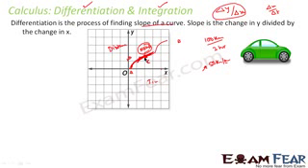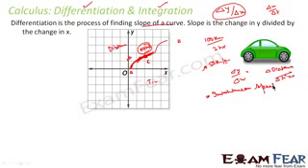Differentiation will give you change in y by change in x, correct? Here y is distance, that is delta distance, and x is time, delta time, and this is nothing but instantaneous speed. Please note, it is not average speed, it is instantaneous speed.